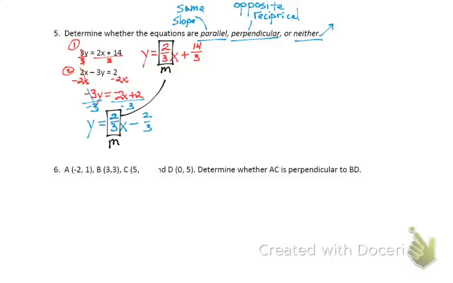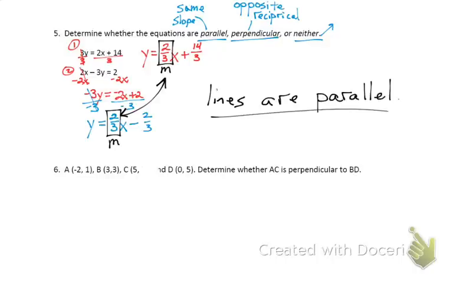Well, that means both lines have a slope of 2/3, which means the lines are parallel. And again, the lines are parallel because they have the same slope.